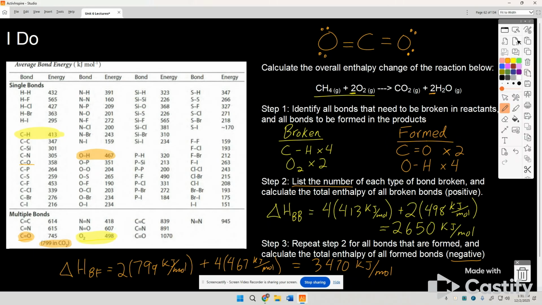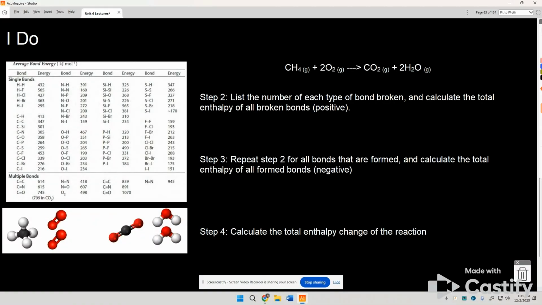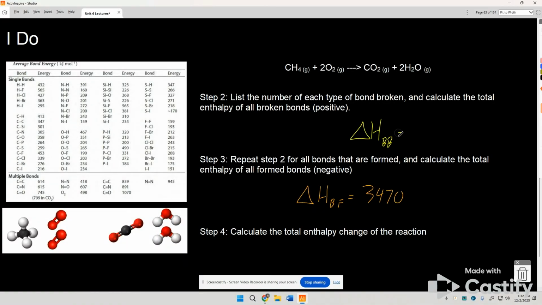Now, to find my overall reaction enthalpy, I just copied these over so that we have our numbers here. We just did the math on the other page. Bonds formed was 3,470, and my bonds broken that we did was 2,650.